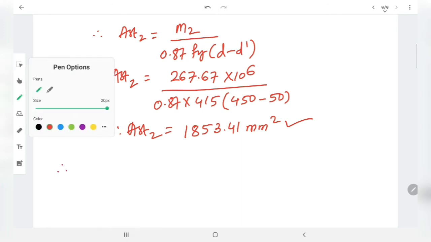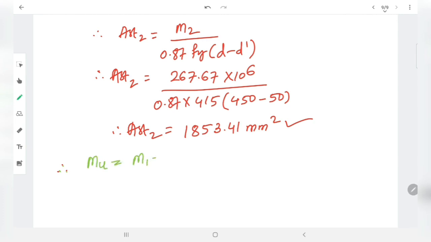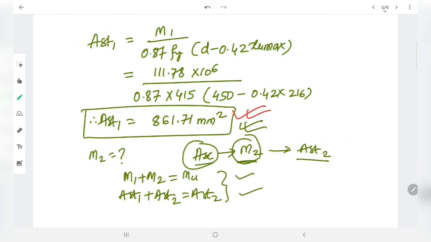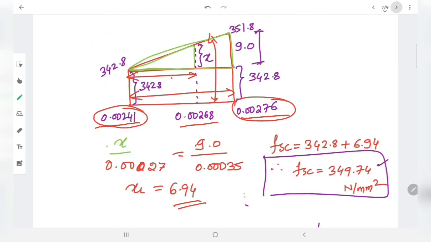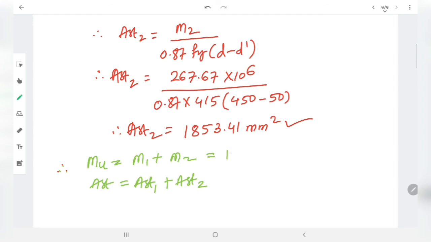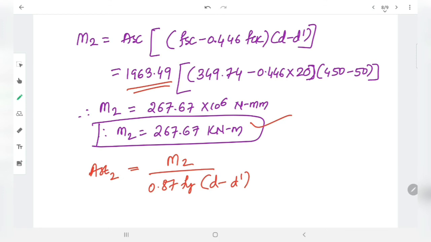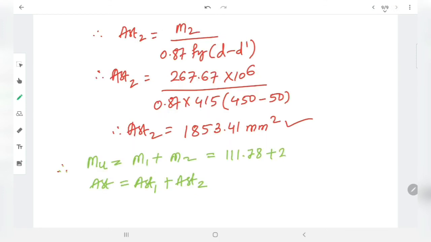So I'll come to the conclusion, that is MU is equal to M1 plus M2 and AST is equal to AST1 plus AST2. M1 is 111.78 kilonewton meter plus M2 is 267.67.